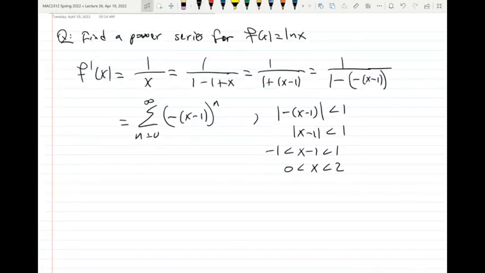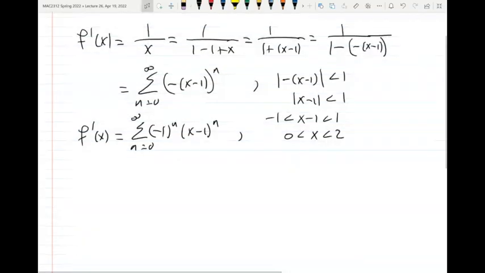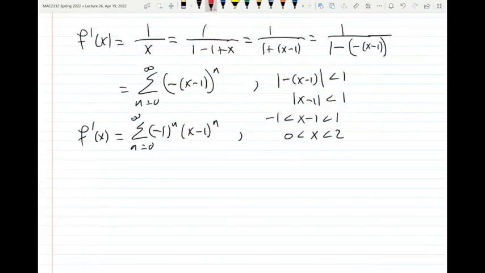All right, so then let's fix this a little bit. This is the sum from 0 to infinity of negative 1 to the n times x minus 1 to the n, for x between 0 and 2. That's my derivative. But then, as you know, what are we going to do to this? Integrate, right?